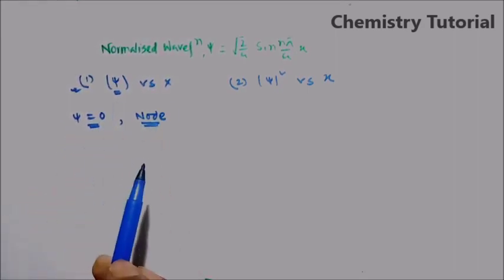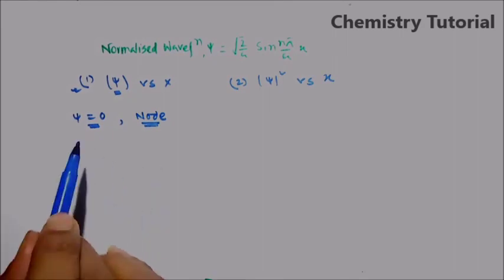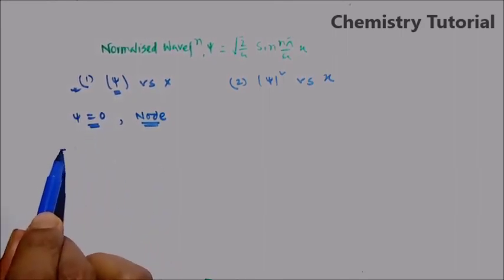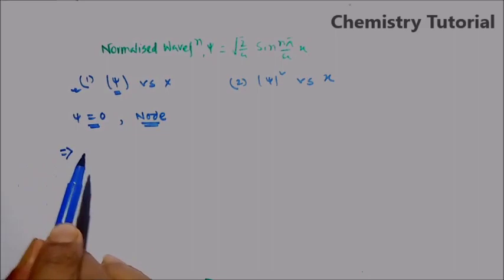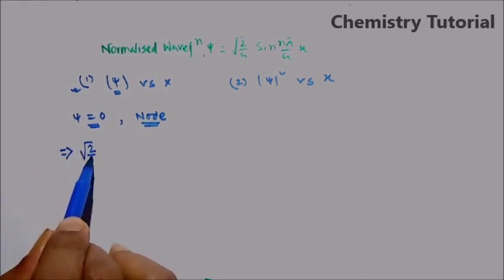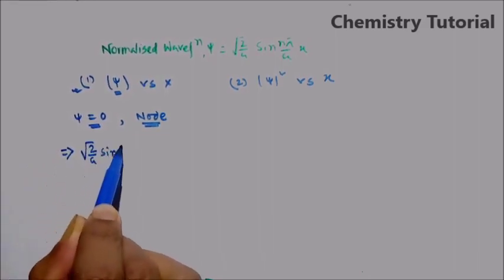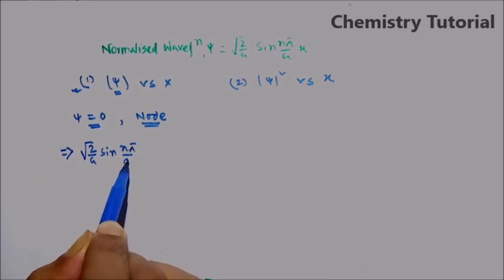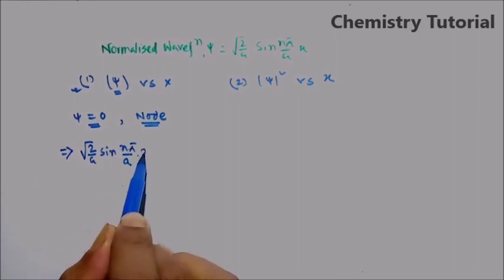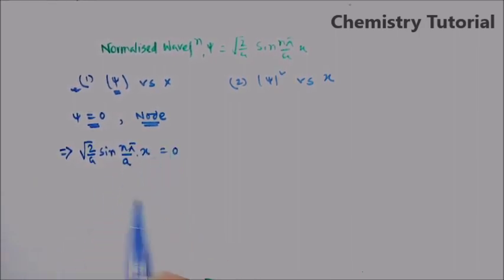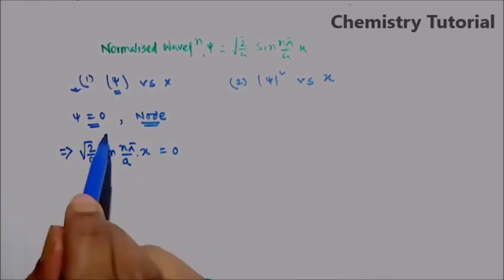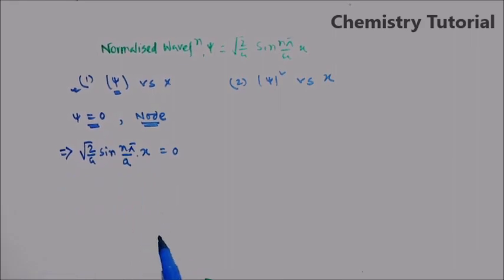For a one-dimensional box we can write psi equal to 0, that is, a node is found where root over 2 by a, sine of n pi by a into x, equals 0. When this condition is satisfied, then there is a node for the wave function.